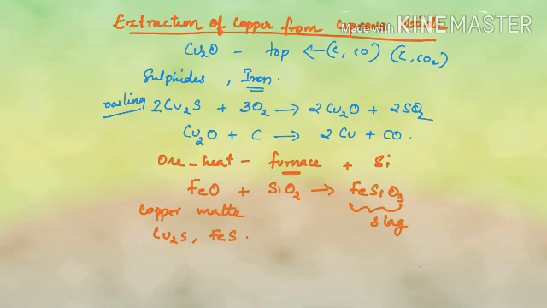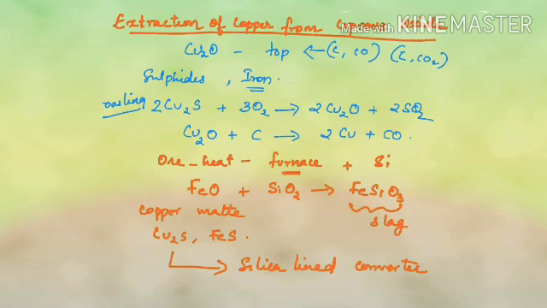This copper matte is then passed through a silica-lined converter, with a very hot air blast as shown here. A series of reactions will take place until we get our copper out.